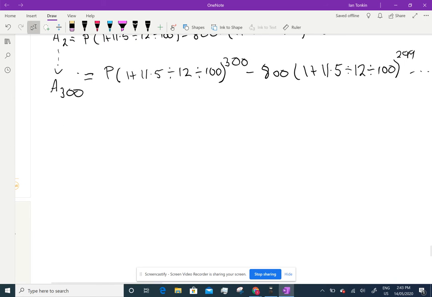I factorise out the 800, so I get this principal 1 plus 11.5 divided by 12 divided by 100 to the 300.